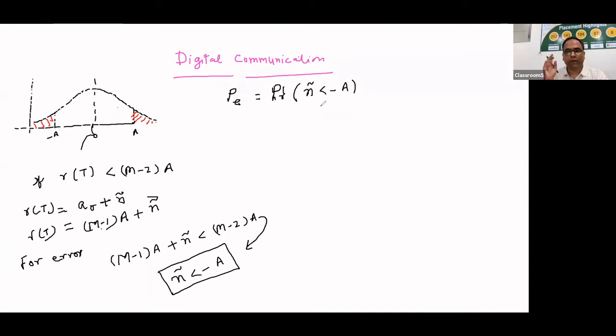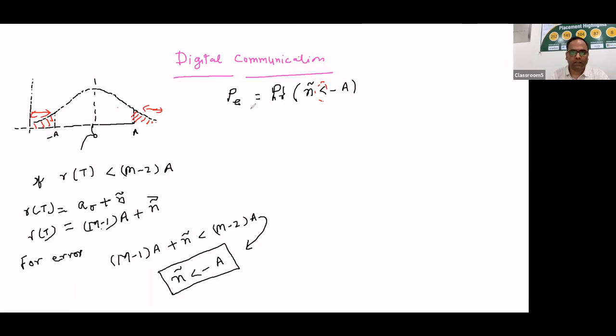Because we know that if we want to make it a standard Gaussian, the standard Gaussian formula always involves something greater than some value. That formula is Q of x, which is equal to the probability that a standard Gaussian variable is greater than some value x. Here we have that n tilde should be less than minus a, so we don't have any formula for this kind of situation, but we do have a formula for n tilde greater than a. Fortunately, because the function is Gaussian, both these regions are symmetrically equal.